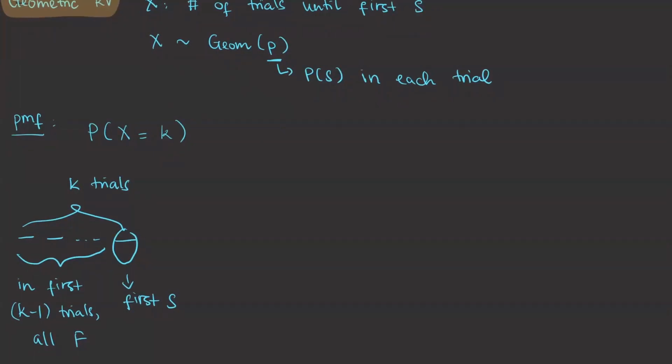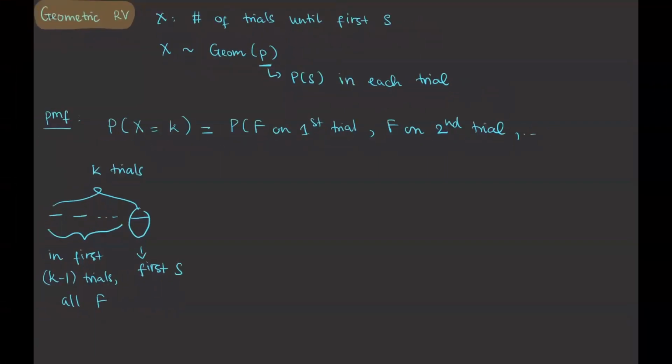Then what is the probability that this happens? This happens when you have failure k-1 times, and then you have one success. So it is just probability of failure on the first trial and failure on the second trial and failure on the k-1 trial, and you have success on the kth trial.